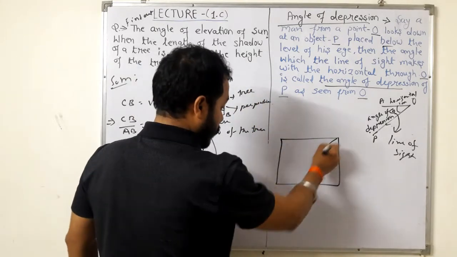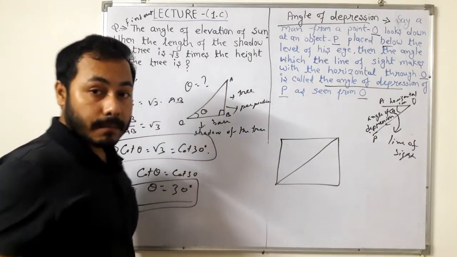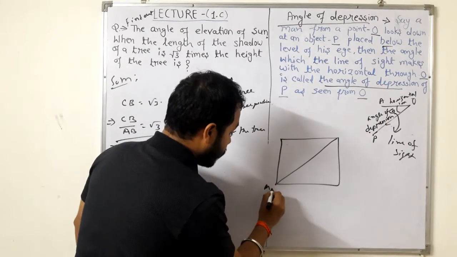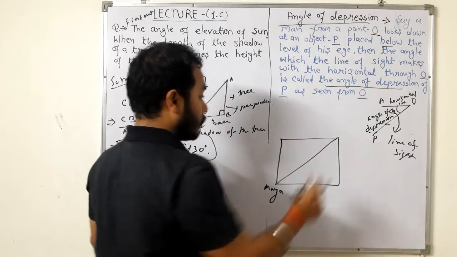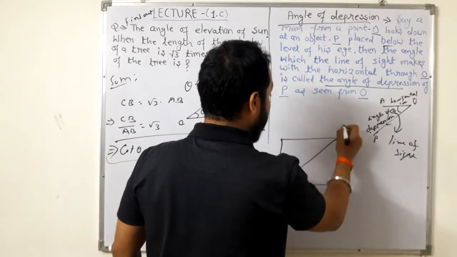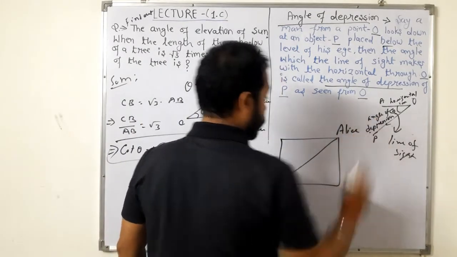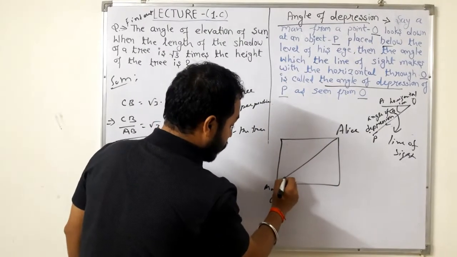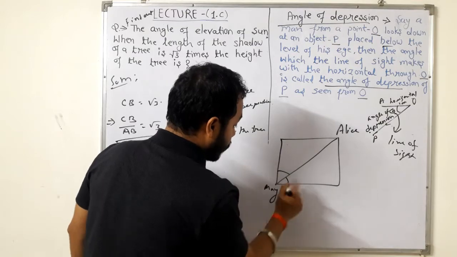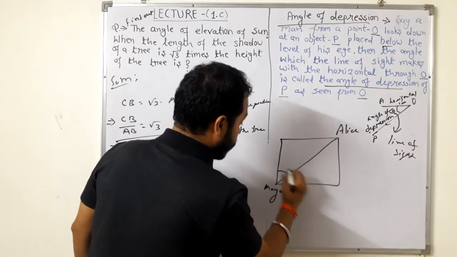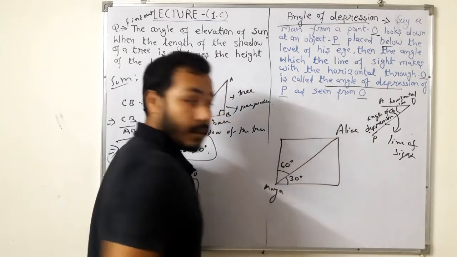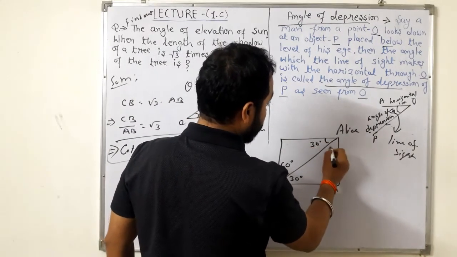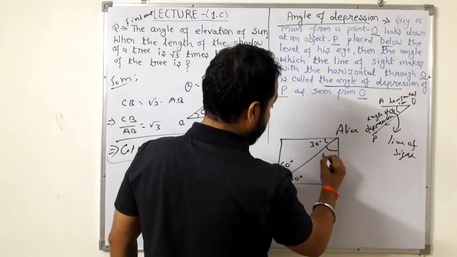Now I am considering two persons, say one is Maya and another is Alice. Now these two angles I am considering as, say, this is 30 degrees and this is 60 degrees.